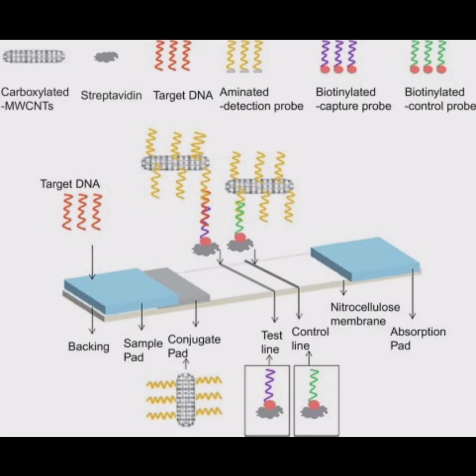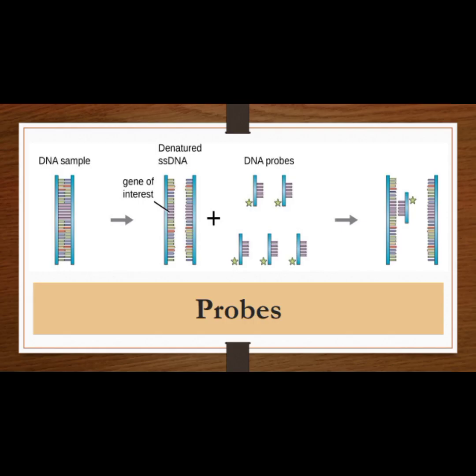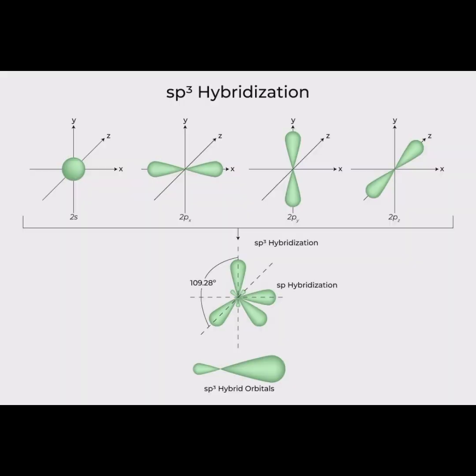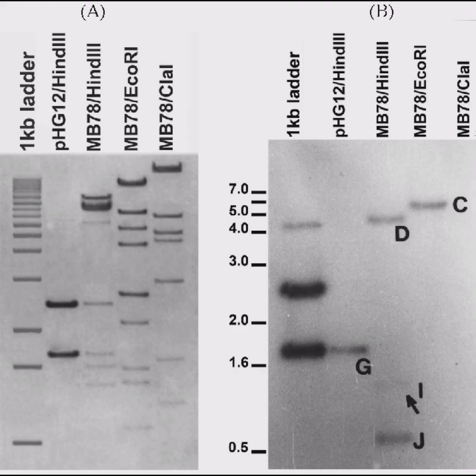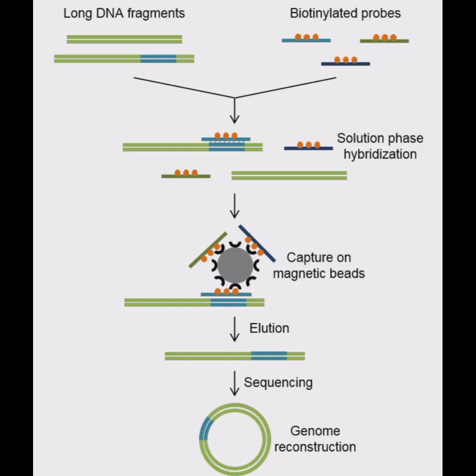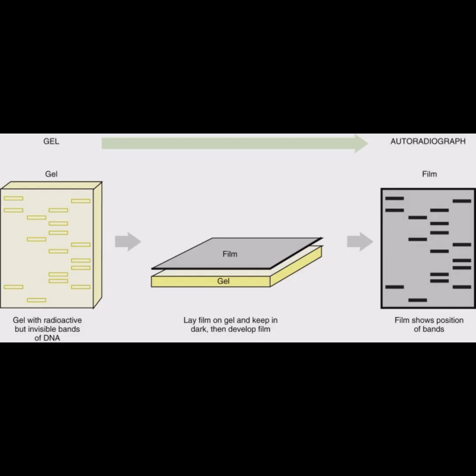VNTR is nothing but variable number tandem repeats. During this process, the radioactive DNA probes are attached to the specific portion of the DNA fragment. Thereafter, any DNA not attached to the probe can be washed off. After hybridization, we can detect the hybridized DNA fragments with the help of autoradiography.